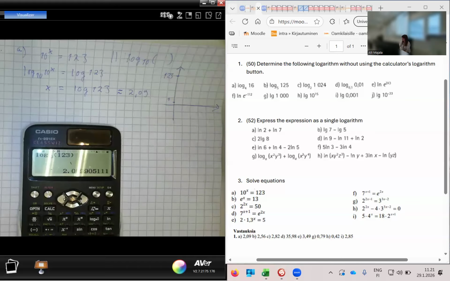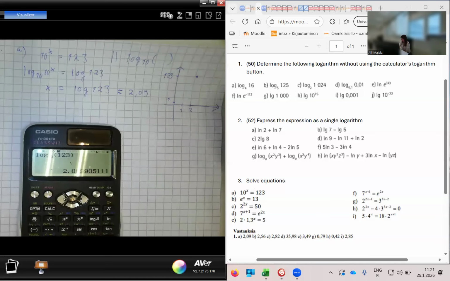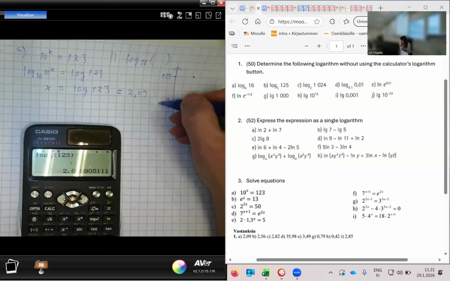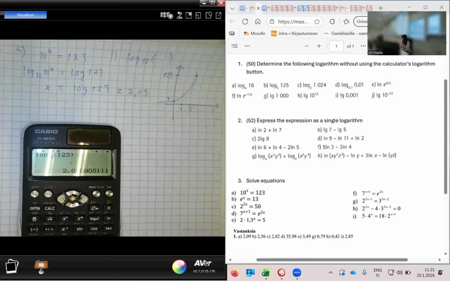Well, 1 and 2. About 2, it was already there. A bit more than 2, 2.1. And it went from here because the curve always goes there. Wow, that was quite steep.